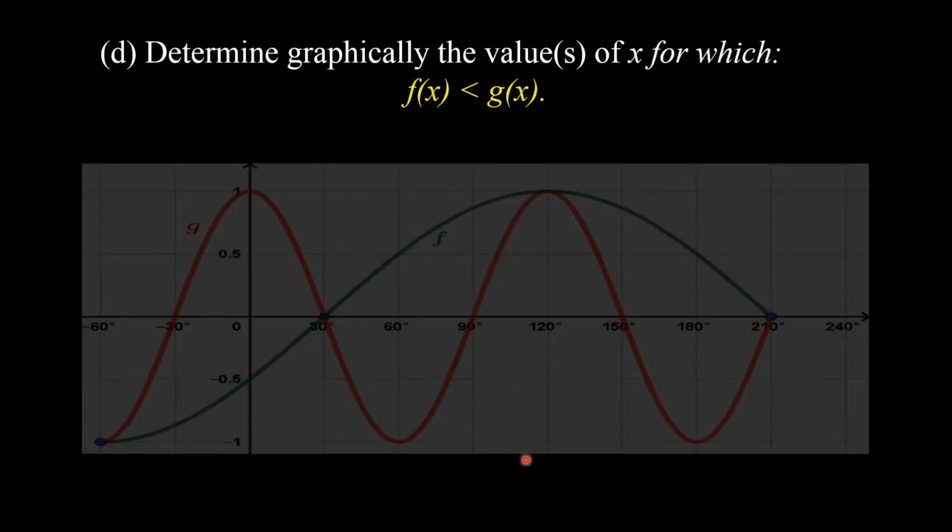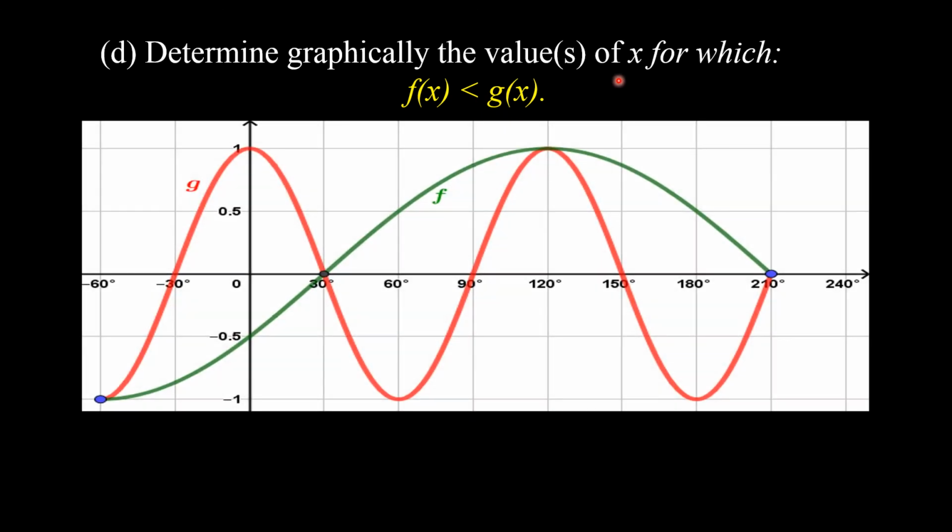Moving to the next question. Find the values of x for which f of x is less than g of x. The sine graph f should be less than g. Where is it? Okay, here it is less, up to 30. After 30 degrees, look at this, f is greater all the way.